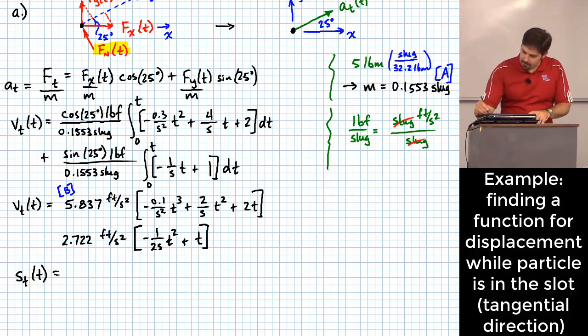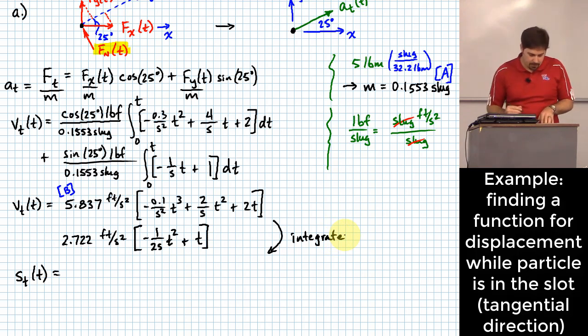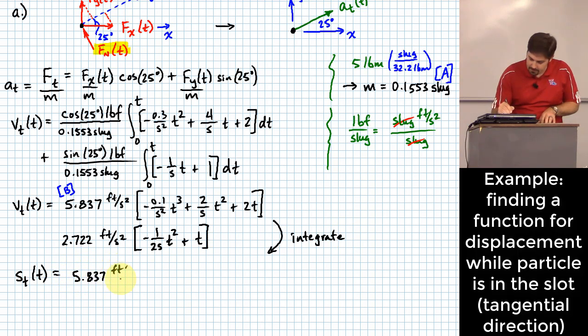Rather than write all this out, let me just say I'm integrating here. And when I integrate, I will still have the same constant out in front, 5.837 foot per second squared. Again, I increase the exponent by 1, divide by the new exponent.